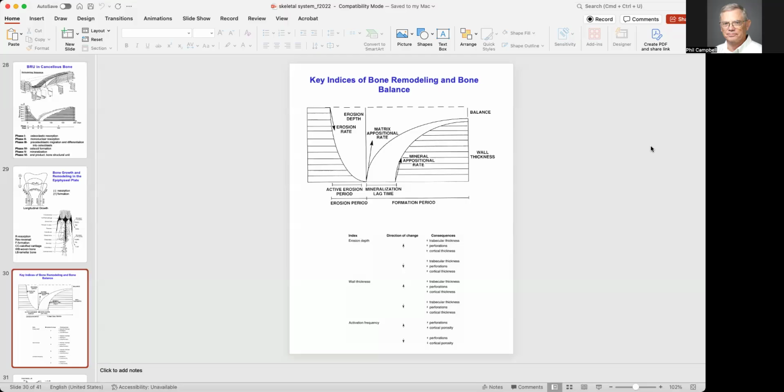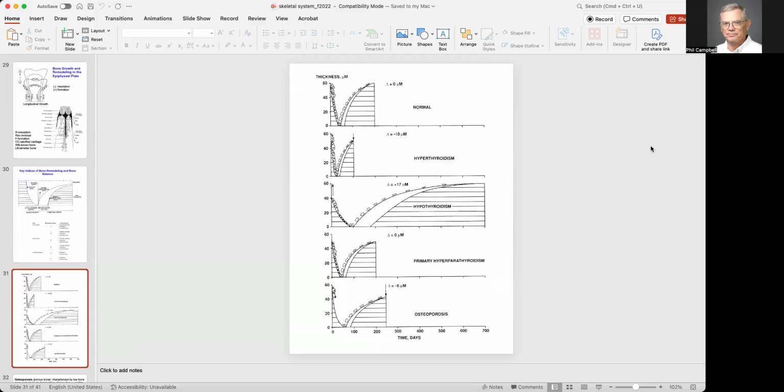And lastly, frequency. If I have many more of these per given area, that's going to subsequently weaken bone. So the most important aspect here that can be altered is typically going to be activation frequency.